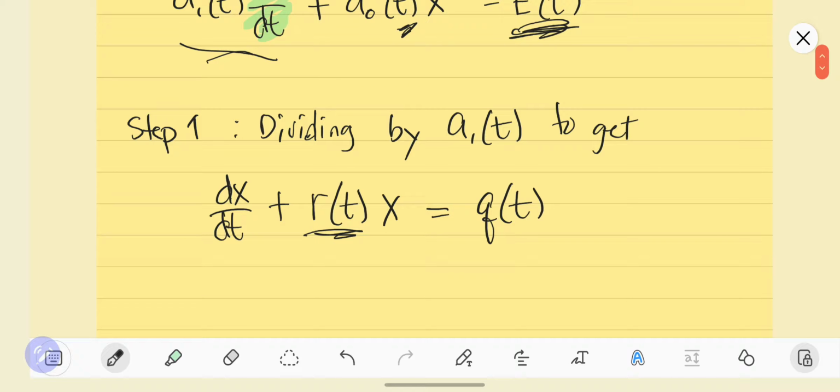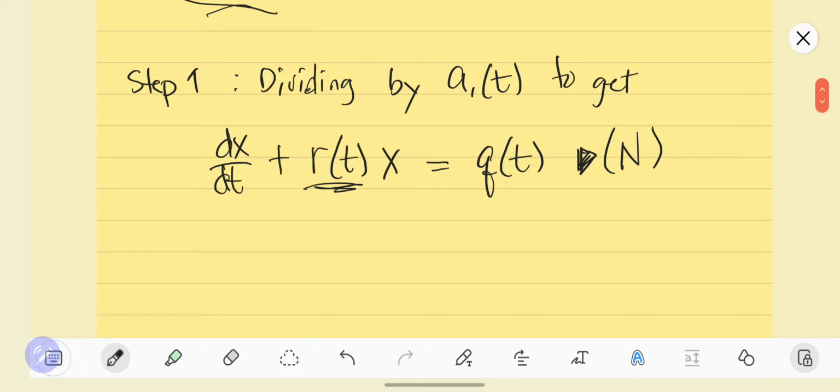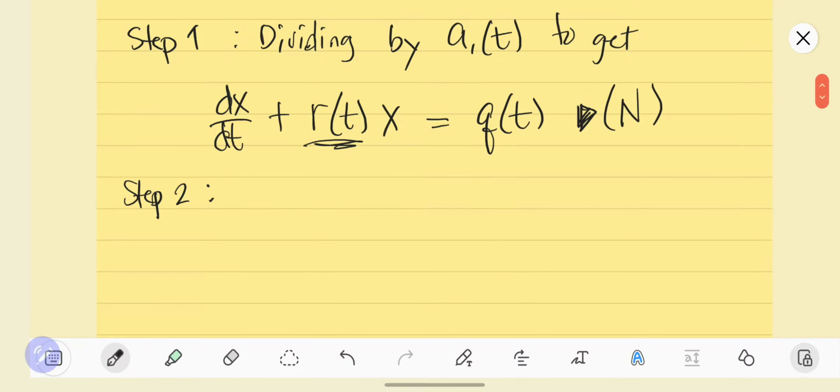So this becomes your non-homogeneous equation. Next, step 2 is we try to make this equation into a homogeneous equation.